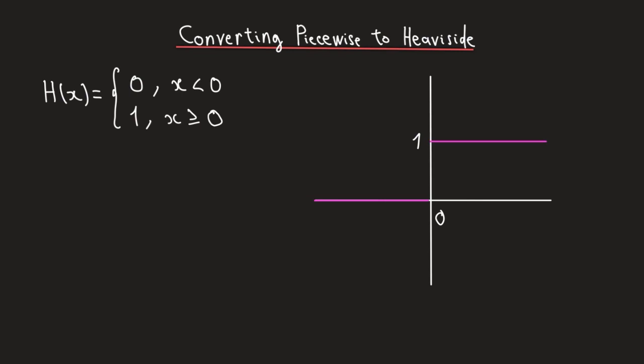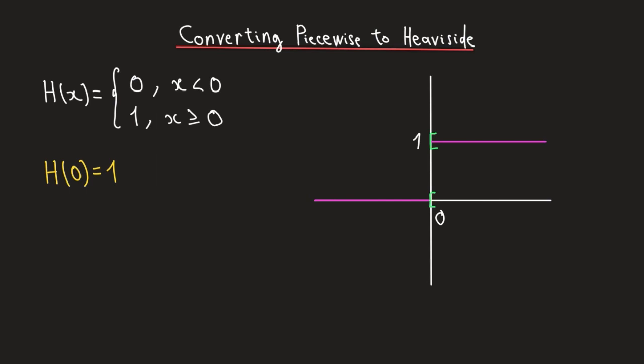And therefore, it's important to remember that here 0 is excluded from this line over here, but included within this line. And therefore, to sum up, the Heaviside function is defined for all x, but it's not continuous for all x. It has a discontinuity at x equal to 0.